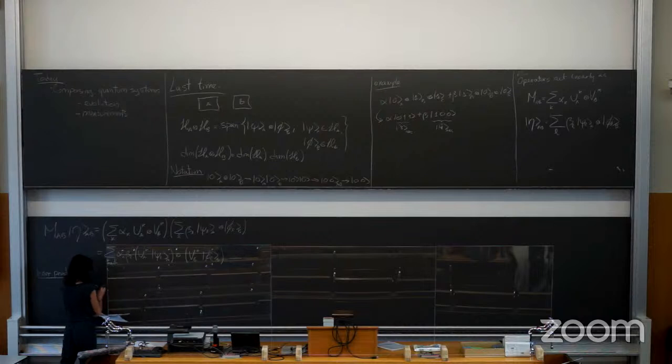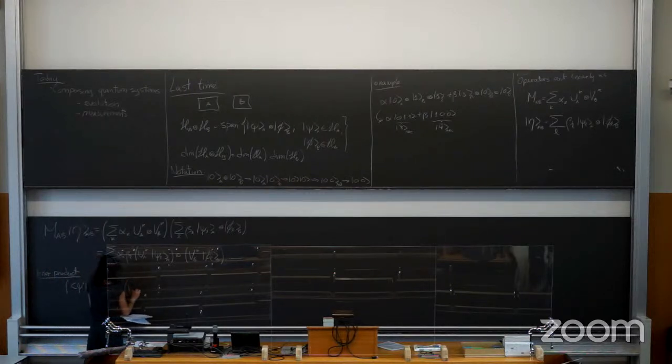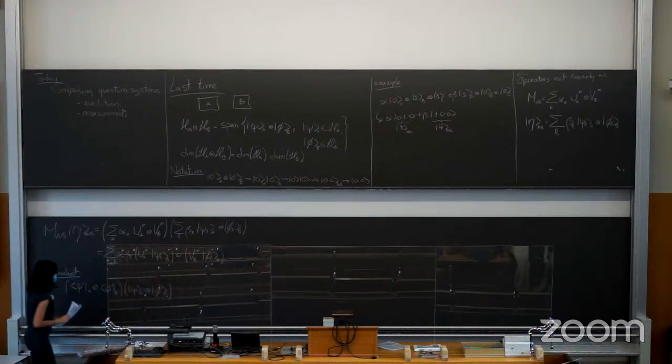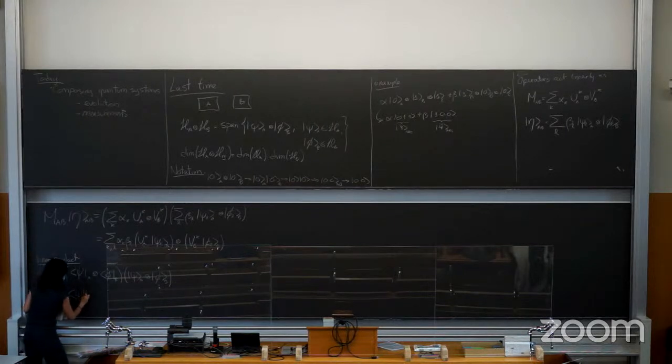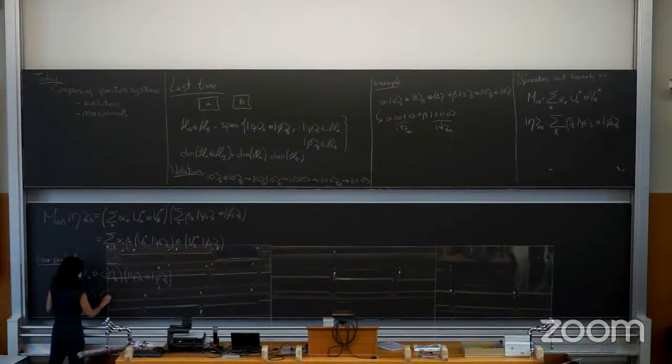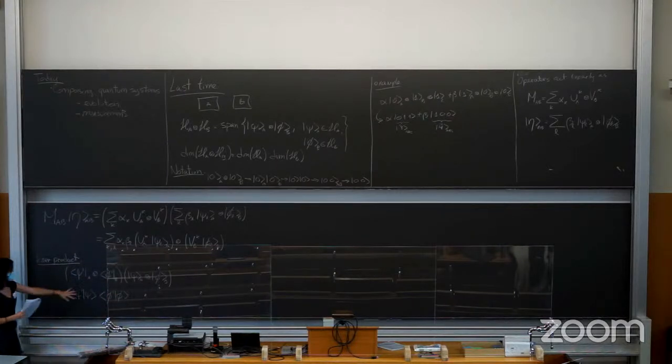So if I have something like this on B times something like this, then this is just the inner product of this with that. And remember, this is just a number, so there's no tensor product here, there's just another inner product. Okay, and these are two numbers, so this whole thing is in C.